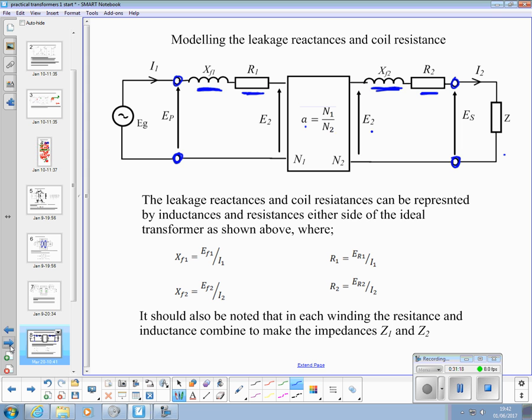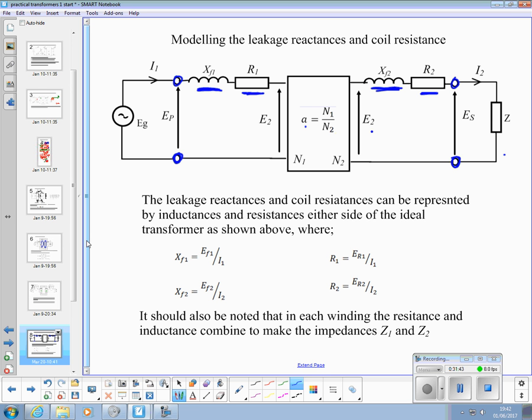So we could calculate, all we're saying here is we could calculate the value of that from the primary voltage divided by the current. We could calculate this inductance by the secondary voltage divided by the current, and the same with R1 and R2.